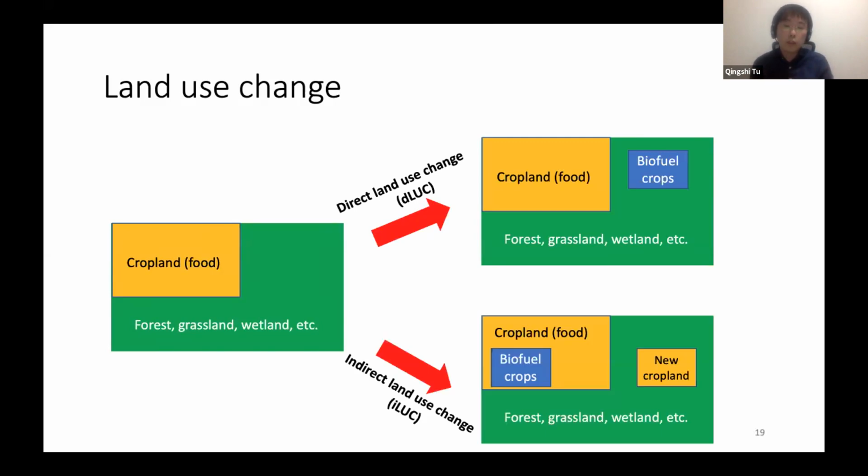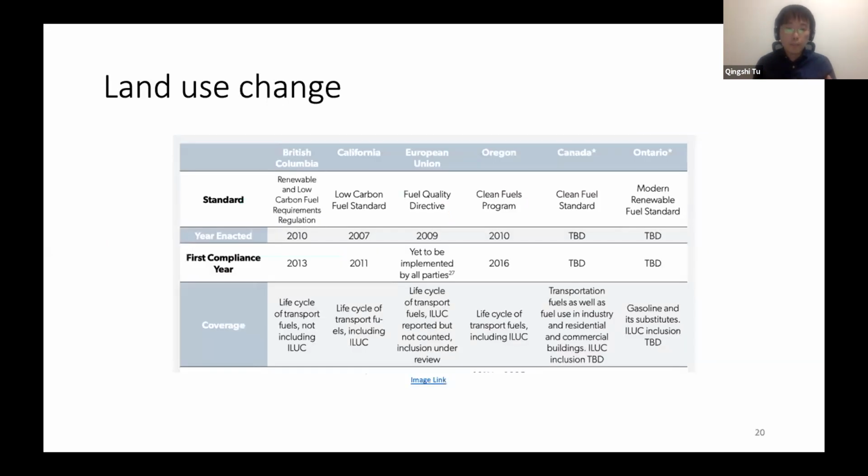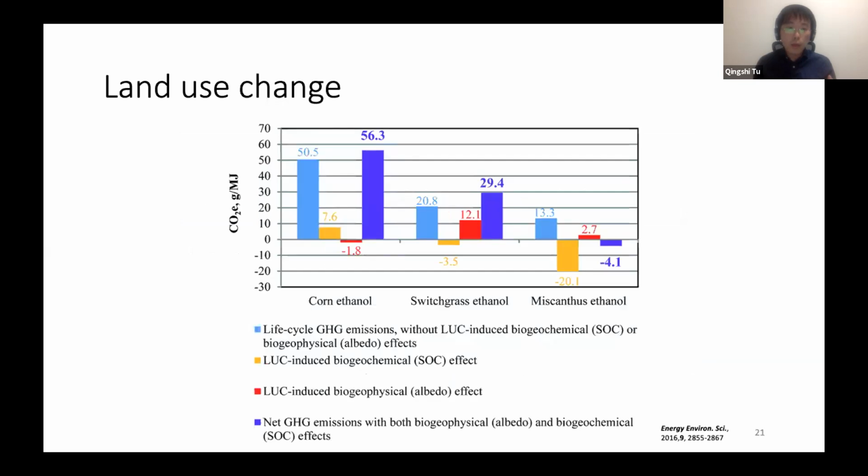The indirect land use change is a little bit tricky: you take part of the crop you grow for food and make that into biofuel, then you need to compensate for that. So you open up, let's say, through deforestation, land for crop growth, which on the surface is not relevant to the biofuel, but it's indirectly affected by this biofuel, right? So that's land use change, and I think I'm going to skip this.